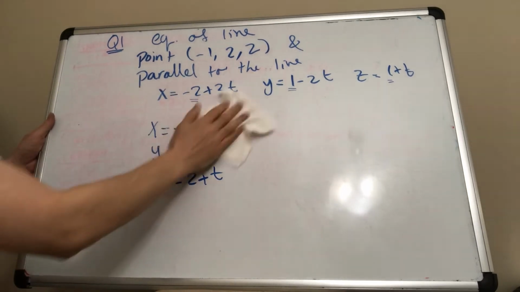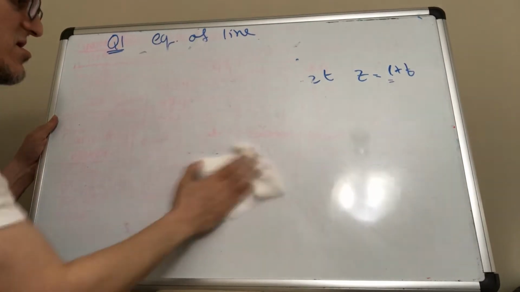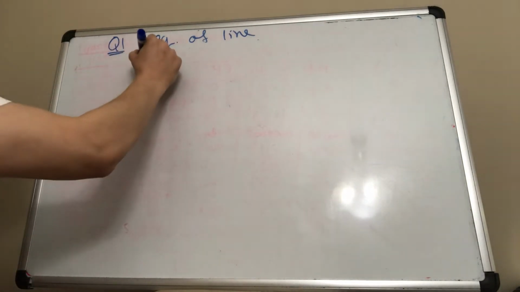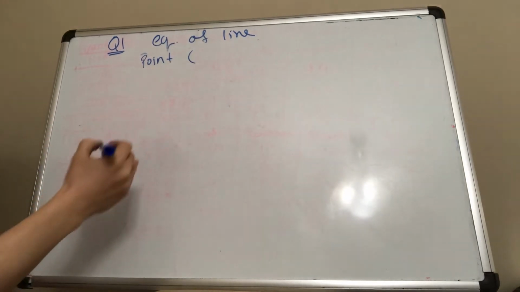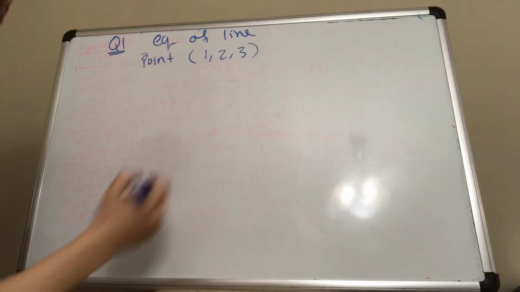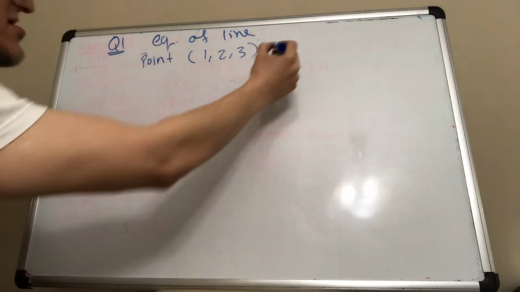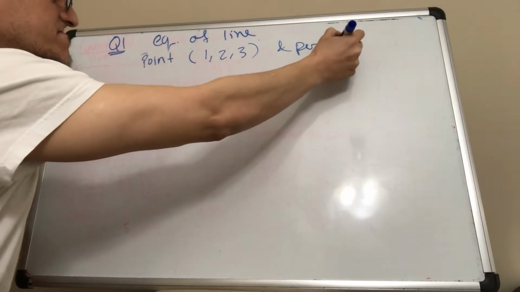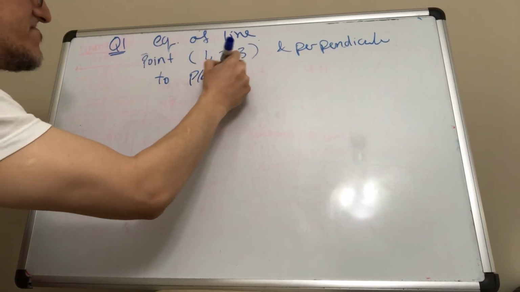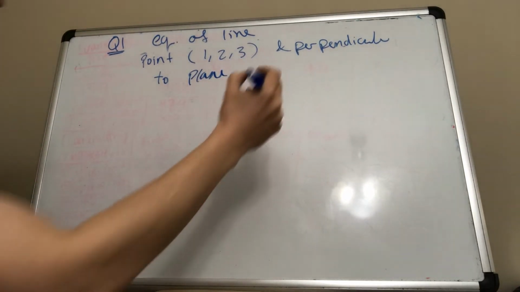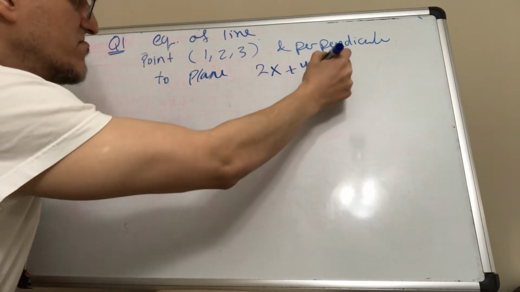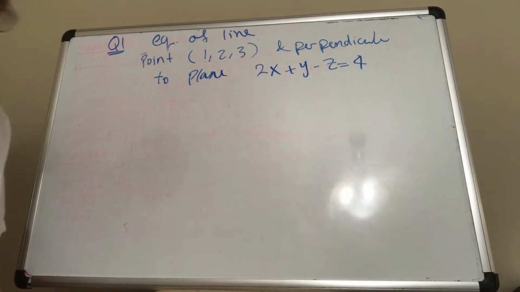You're trying to find the equation also of the line through the point 1, 2, 3, and perpendicular to the plane 2x plus y minus z equals 4.